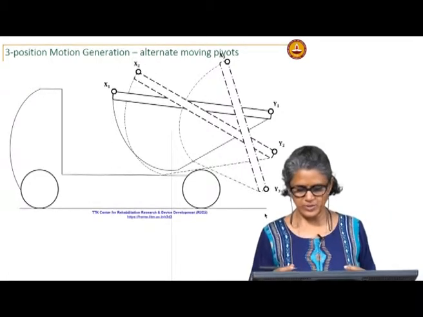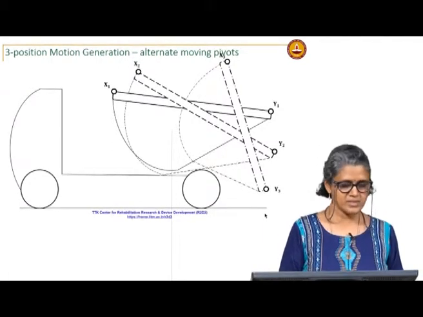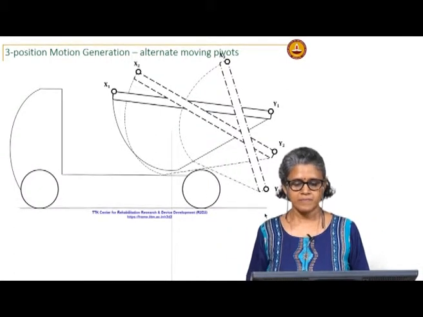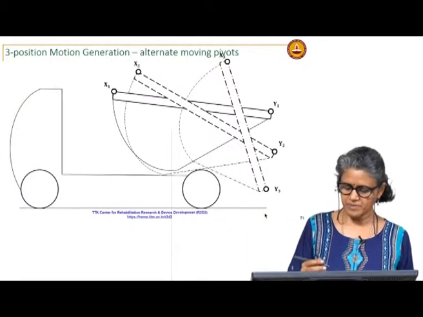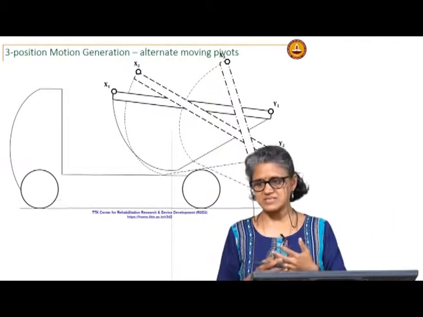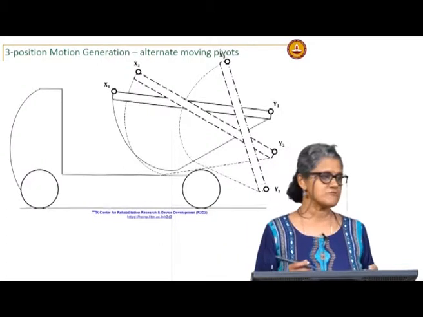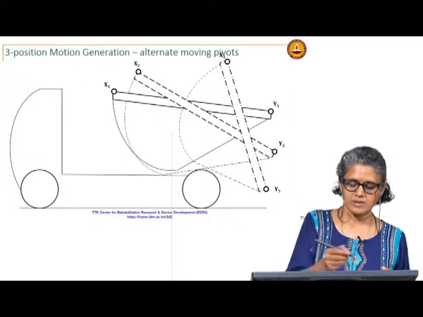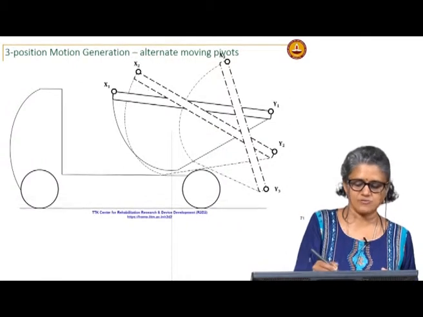Last class we were looking at three position motion generation. Essentially, if your first choice of moving pivots does not give you suitable fixed pivots, then you have infinity squared choices.